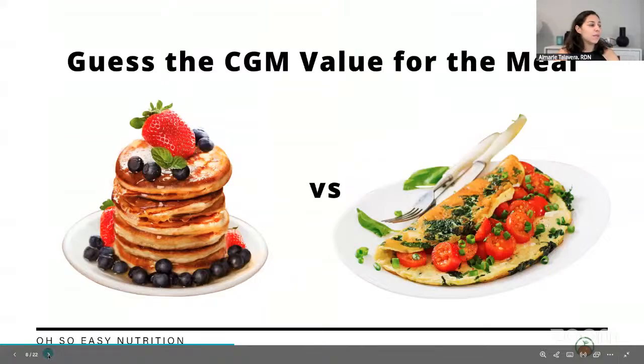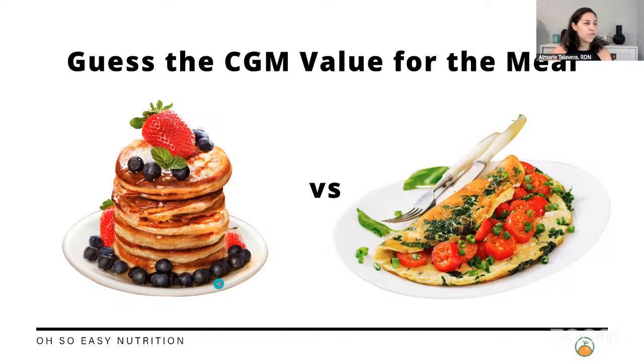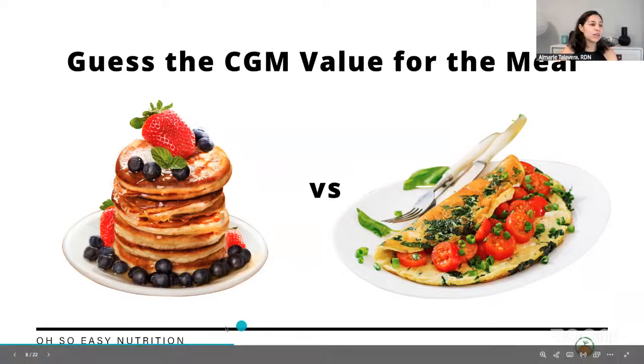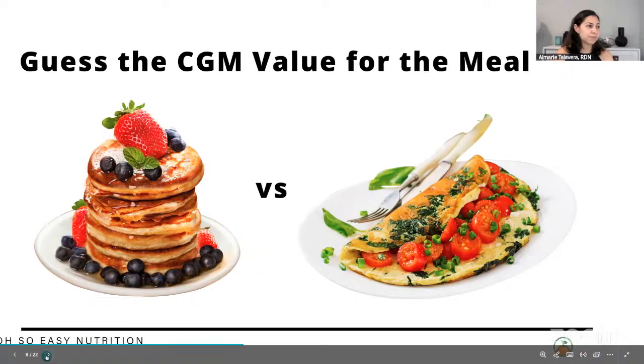So a little bit of a game here. Can you guess the CGM value for the meal? It's okay if you don't know it. Just throw a wild number out there and we'll go ahead and take it. So on the left side, we have a delicious stack of pancakes with fruits. And then on the right side, we have a nice high-protein omelet filled with vegetables and, of course, lots of fiber in there.